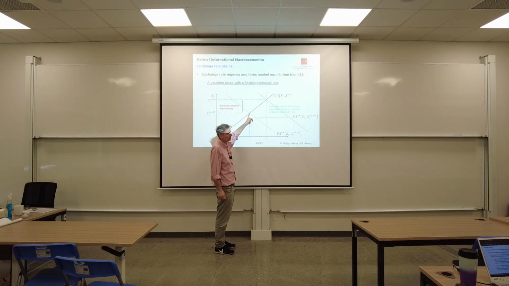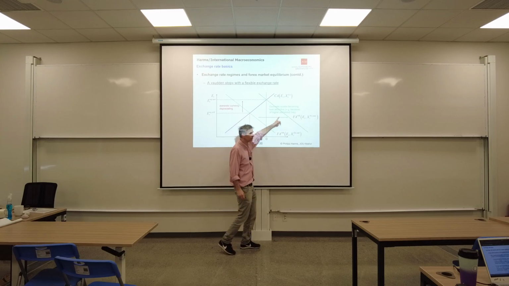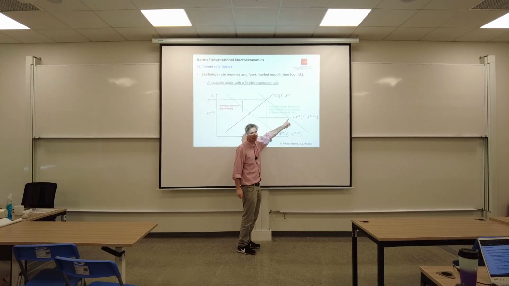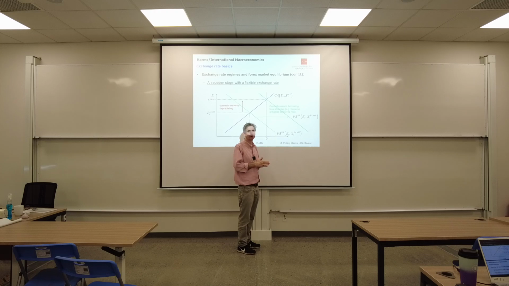We're happily running a current account deficit. And the financial markets are happily financing this current account deficit by borrowing, by lending, or by purchasing our assets. And all of a sudden, they don't want to do that anymore. Because maybe the domestic government goes nuts and they don't trust it.